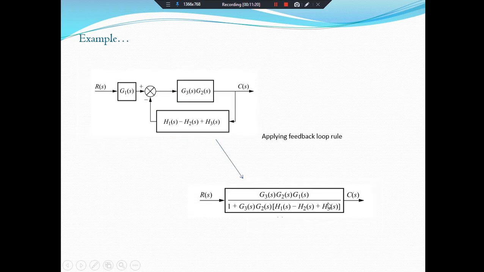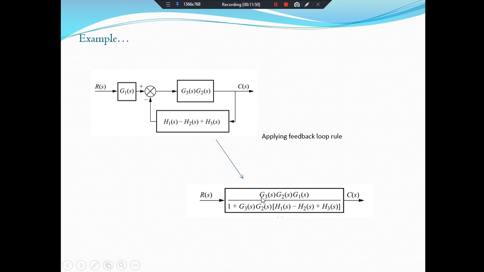So this is simple. We write the equation. This is the G of S over 1 plus G of S into H of S. So we have written this, and this G1 of S will multiply with this function, as after this feedback, the feedback and this one will be in series in cascaded form.